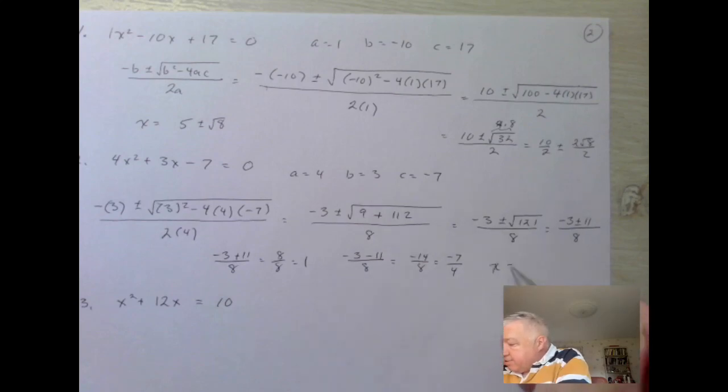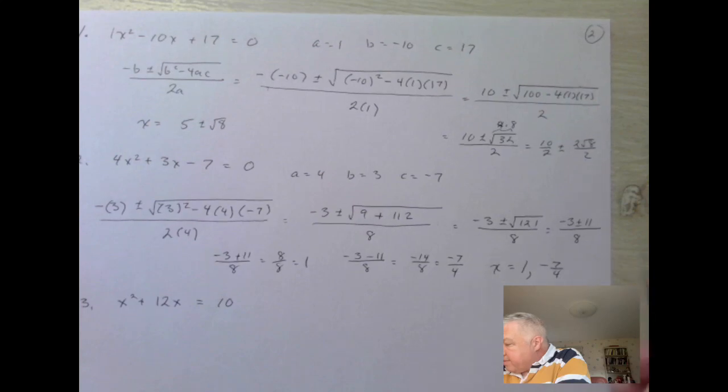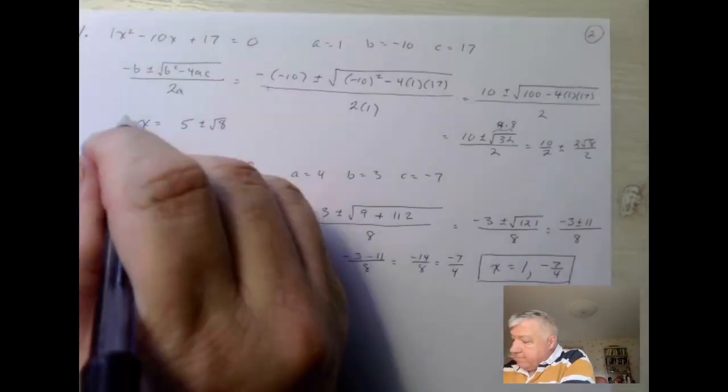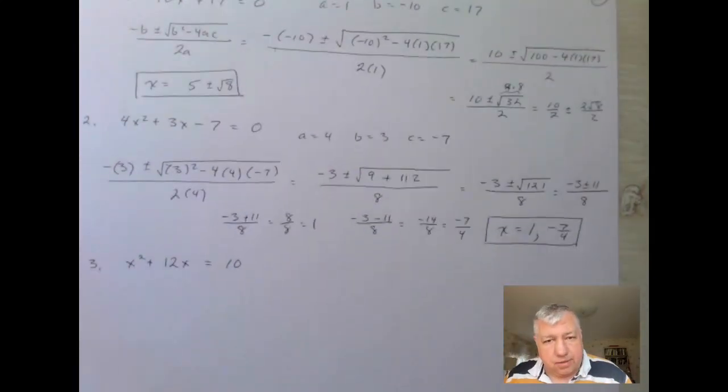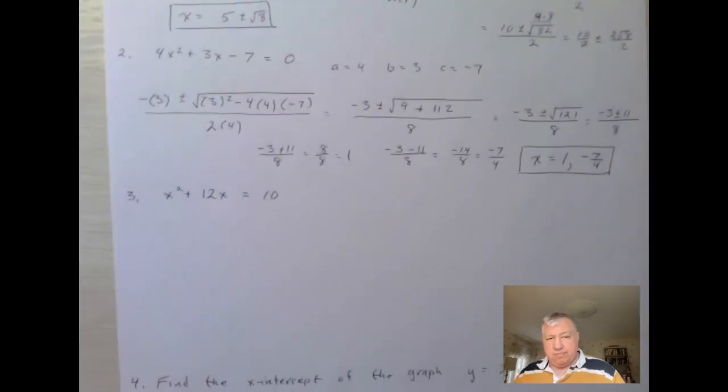So the two solutions would be 1 and negative 7/4. Okay, so when you have a perfect square, you should be able to simplify it like this.